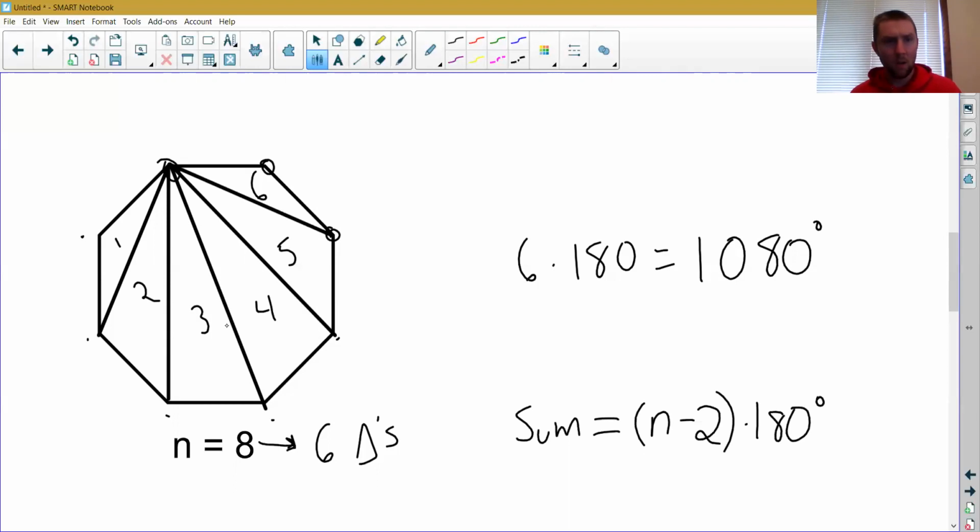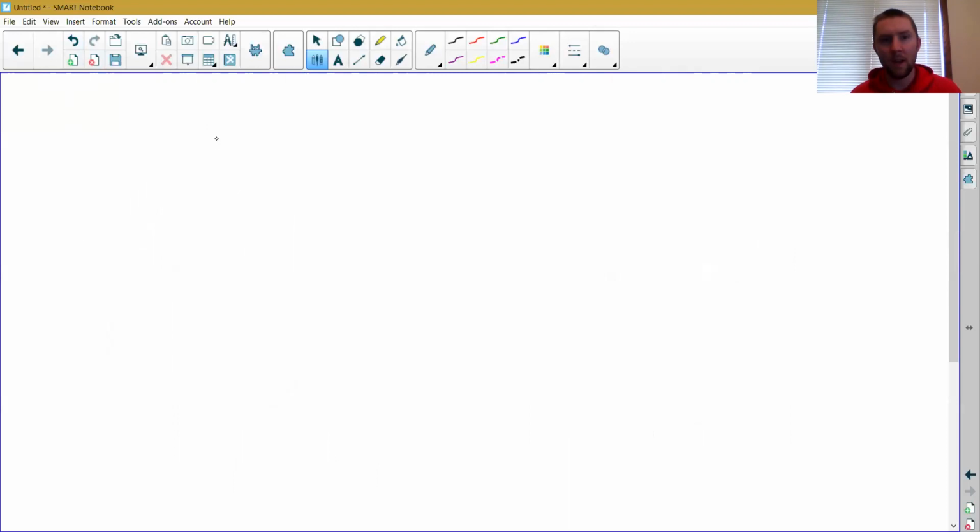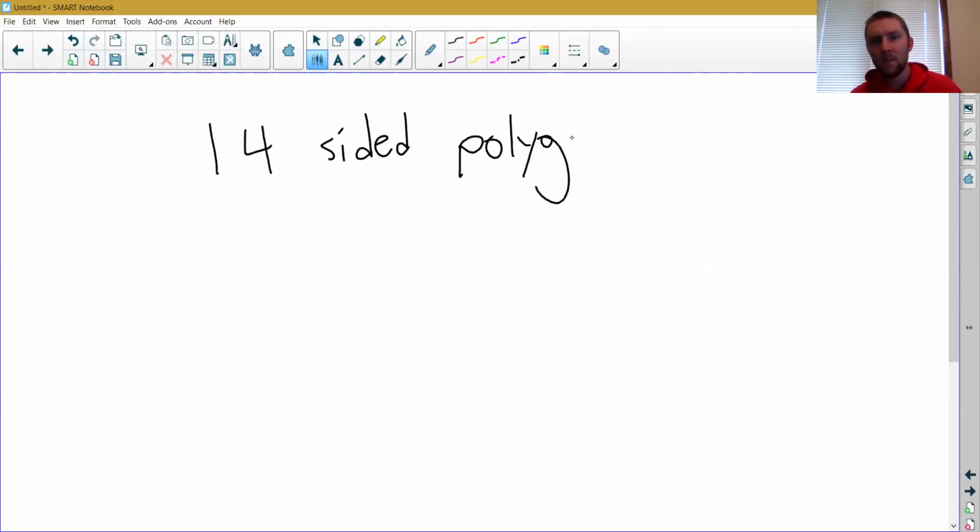Now, for example, if I were to have, let's say, a 14-sided polygon. It's not one that I can really draw very well for you, but let's just imagine that we had a polygon that had 14 sides, okay? There would then be 14 interior angles, and the sum total of those 14 interior angles is, well, we can follow our formula, right?